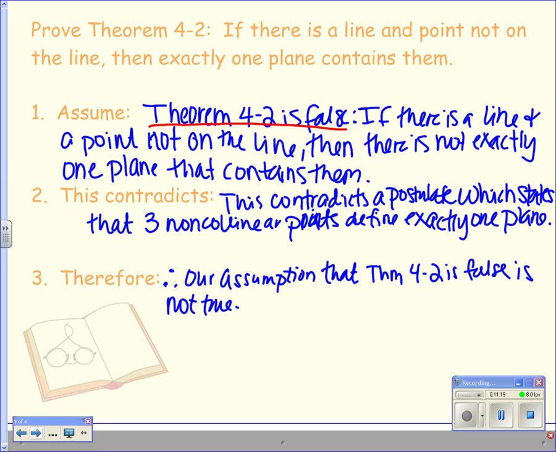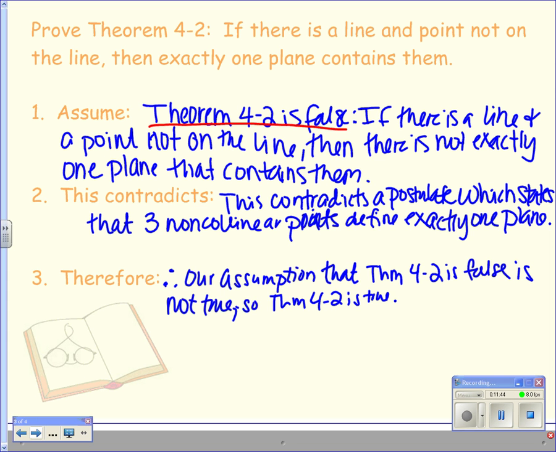Wait, no, not our assumption. So theorem 4.2 is true. Does that make sense?